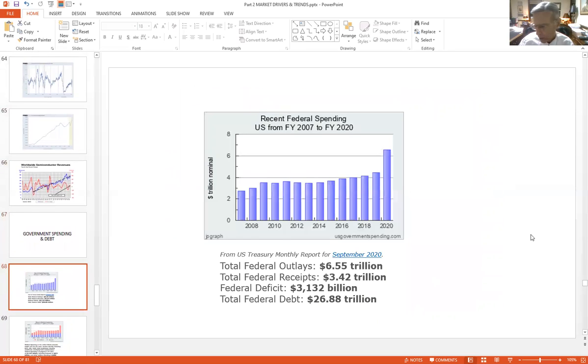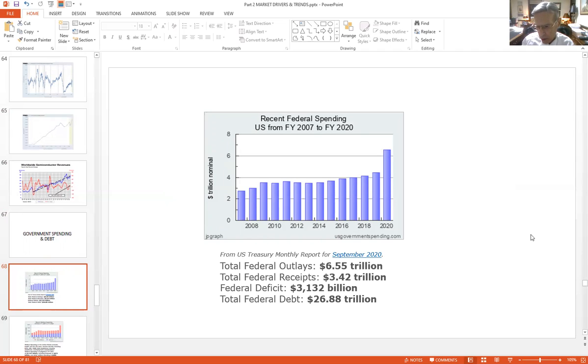So very quickly, the last item we need to look at is the US government as a market, and also as a source of expenditures. And it's important to look at this because, as you can see, in 2020, the US government spent $3.132 trillion more than its income.